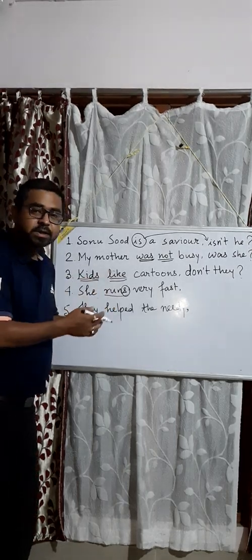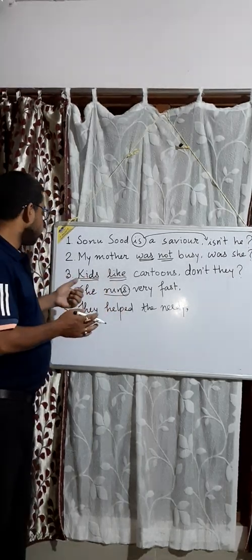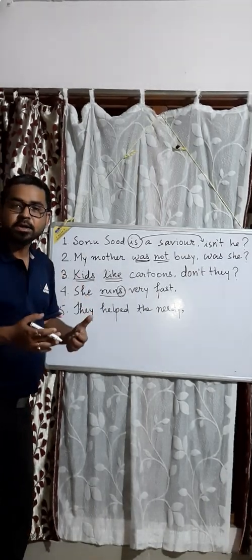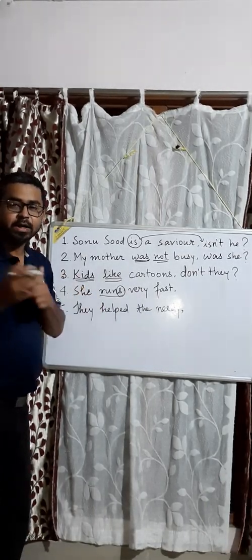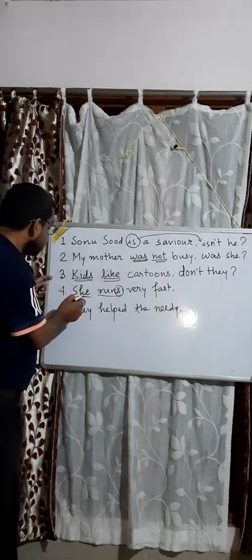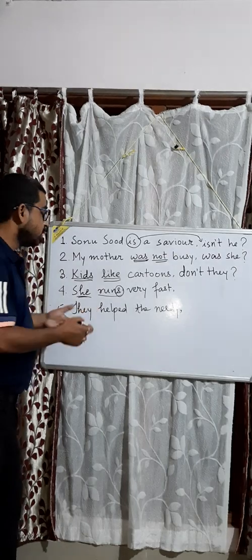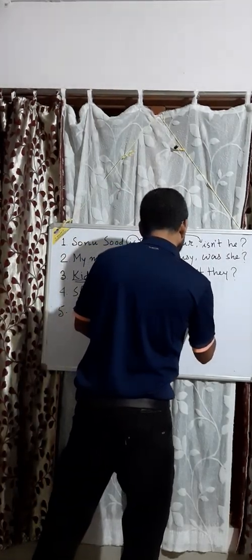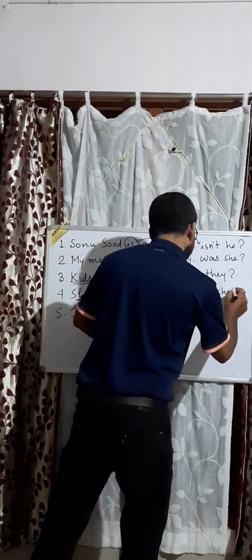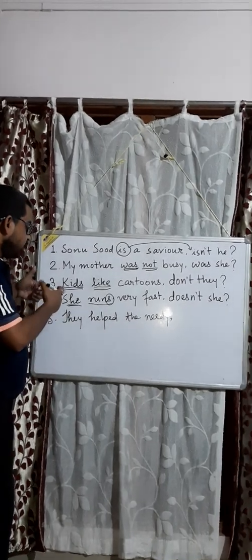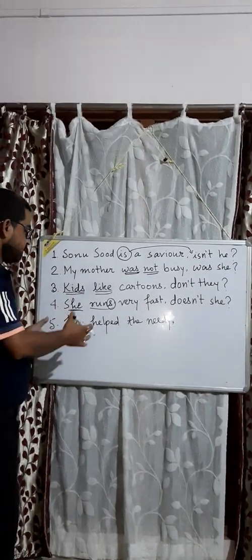So when it is present tense, like I mentioned in the previous question, we have two options: do and does. Now, since this subject she is third person singular number, with this we have to use does. So it will be doesn't she.